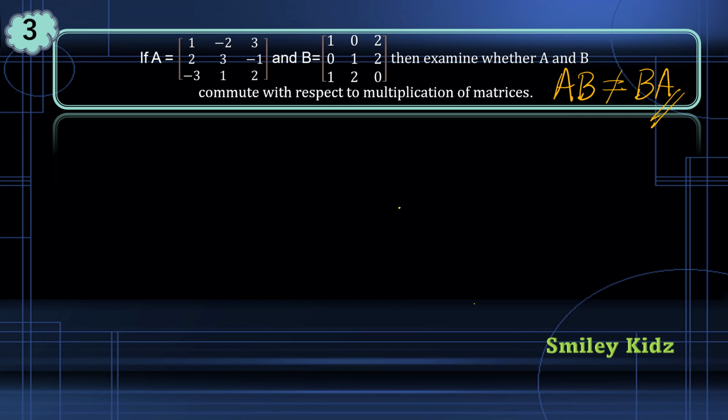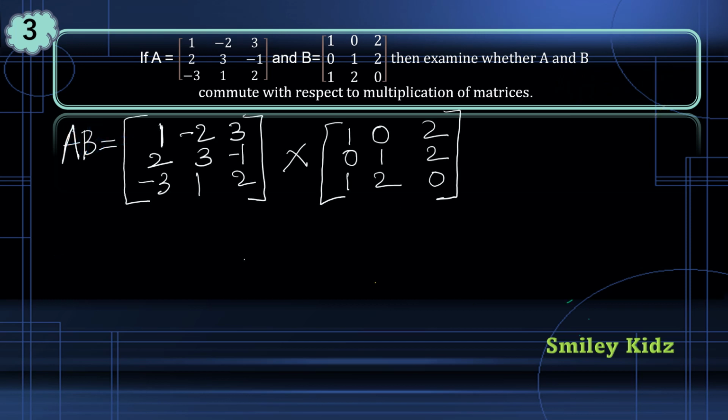So let us first take AB. AB is equal to matrix A into matrix B. Now the same concept: take the first row, multiply with the 3 columns. Take the first column.